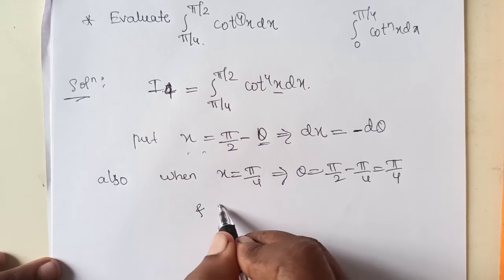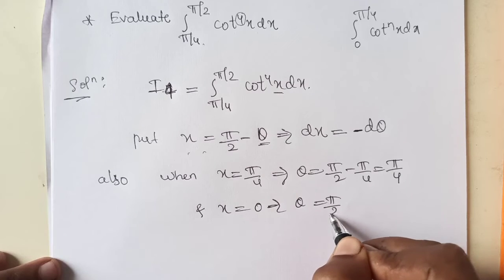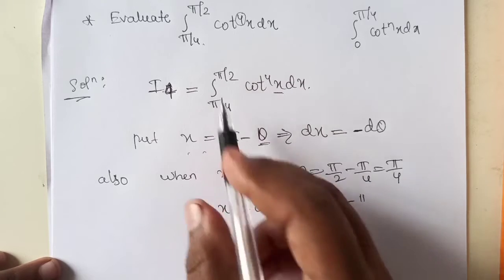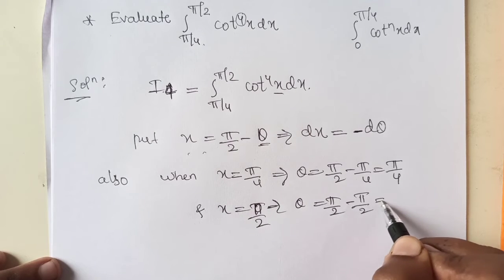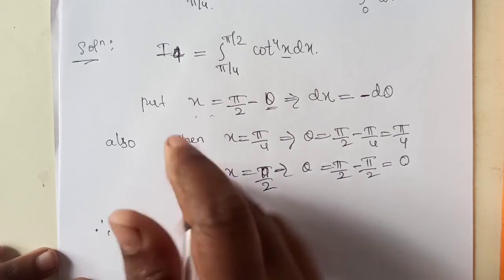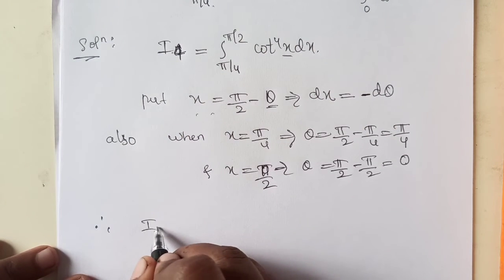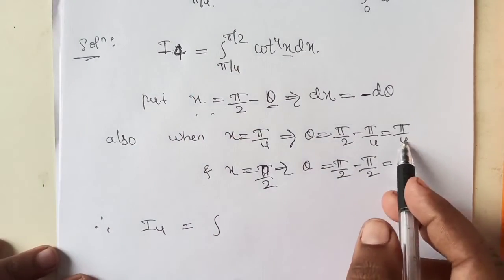And when x equals pi by 2, then theta equals pi by 2 minus pi by 2, which is 0.